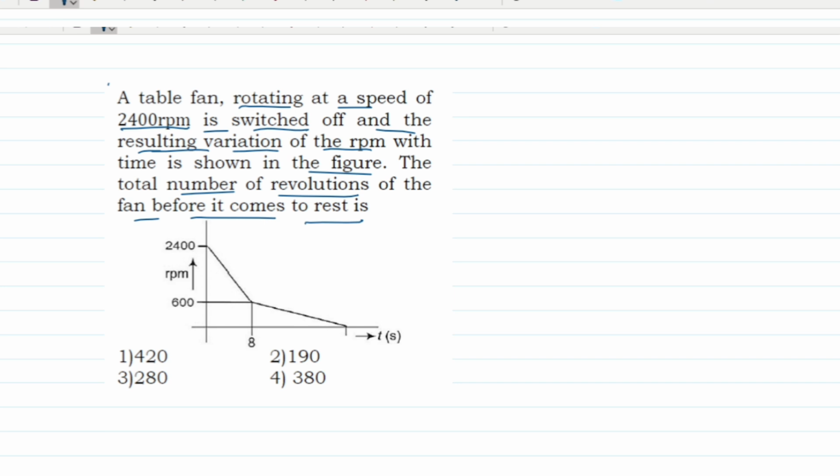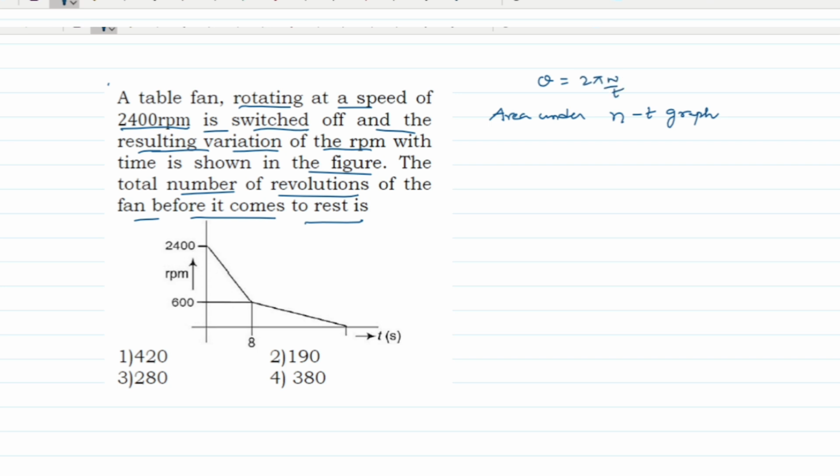This is a frequency versus time graph. Here, students, the area under the frequency versus time graph gives theta, whose basic formula is 2 pi n by t.